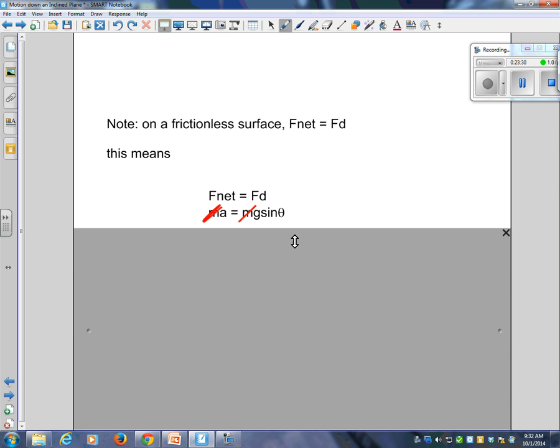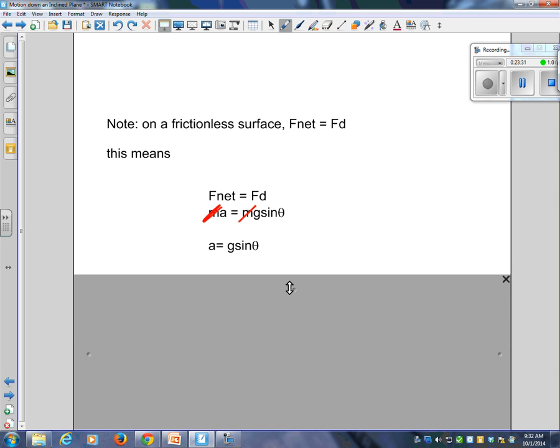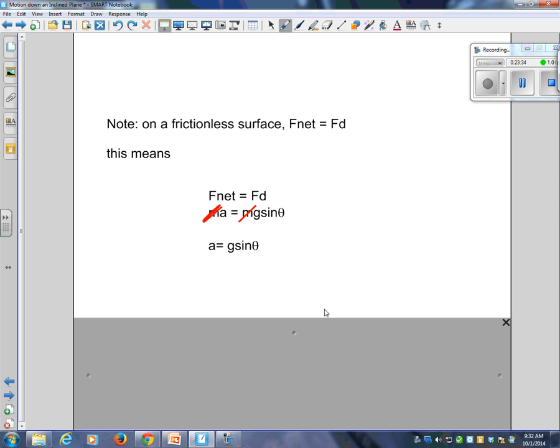So in other words, on a frictionless ramp, the acceleration is equal to g sine theta. Only true on a frictionless ramp. What does that tell you about the mass of objects that are sliding down hills? Contrary to what most people believe, the mass really doesn't matter.